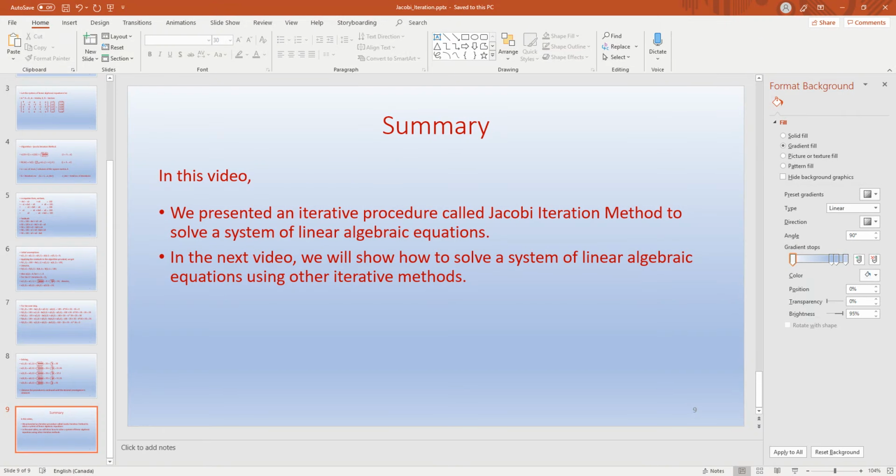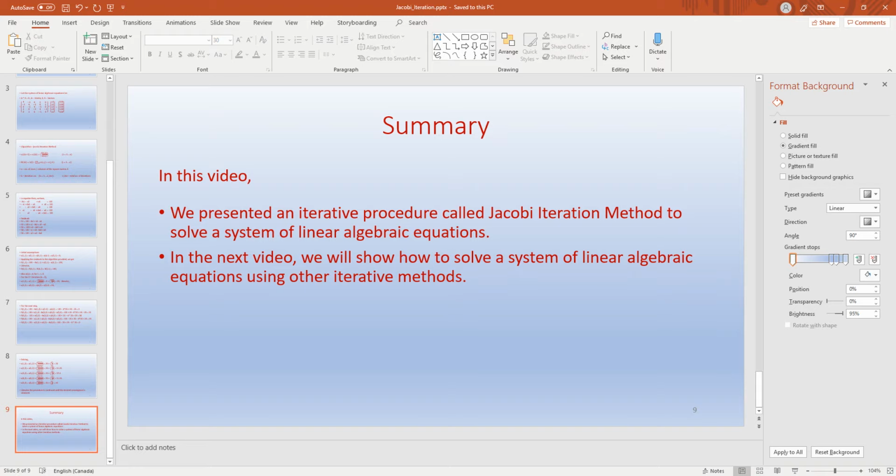To summarize, in this video we presented an iterative procedure called Jacobi Iteration Method to solve a system of linear algebraic equations. So using this method we can solve a system of equations which has n number of unknowns.